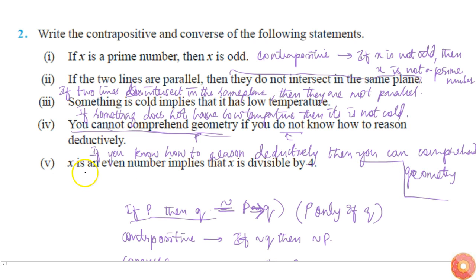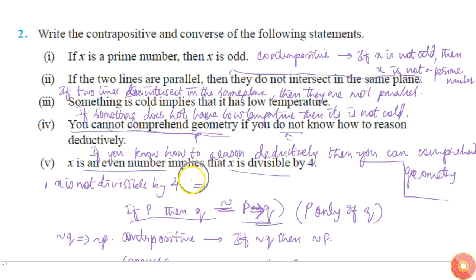The final sentence is X is an even number implies X is divisible by 4, that is P implies Q form. I can write the contrapositive as negation Q implies negation P. So: X is not divisible by 4 implies X is not an even number.